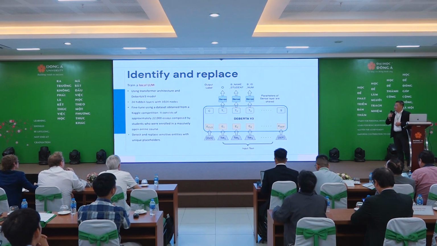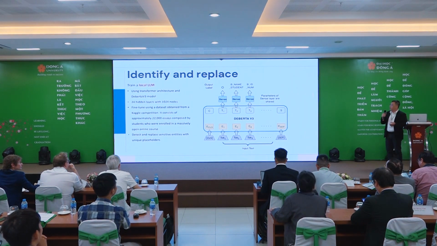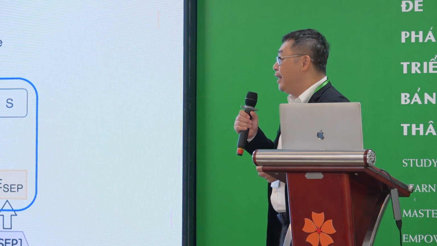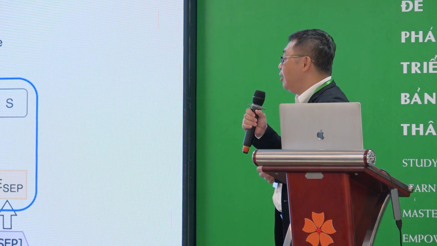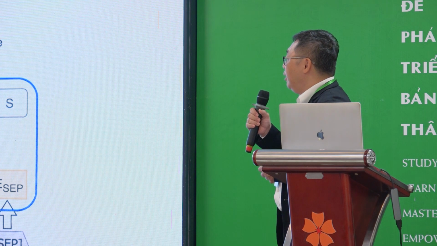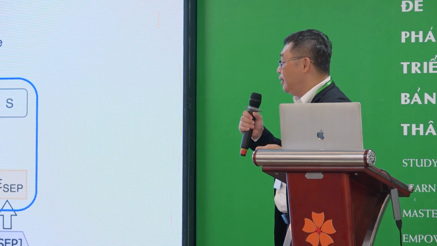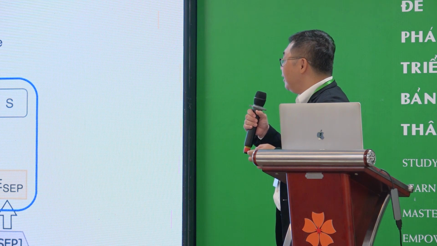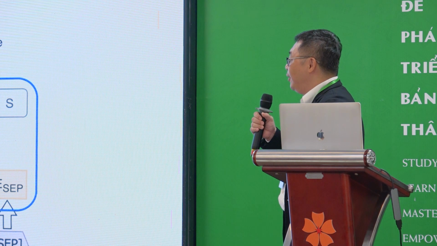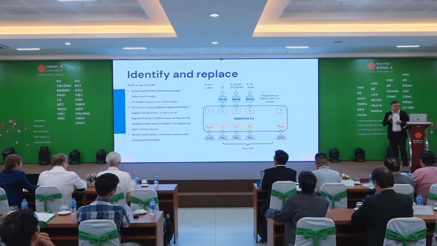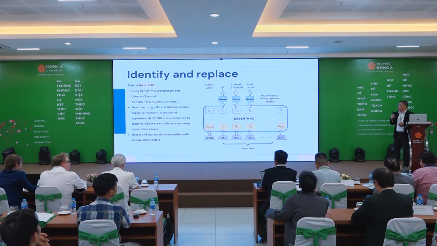So the most important question in our framework is how we can identify and replace the sensitive data. Actually, we train a local LLM using the transformer architecture. This model will detect all the sensitive keywords and replace them with a corresponding tag. So here's some brief information about our local LLM.